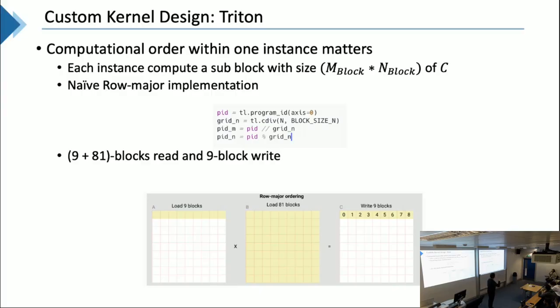You load one row of A, and you keep loading different columns of B. So when you calculate the number of read and write accesses, it's actually 9 plus 81 blocks read and 9 blocks write. So this is a naive way. We feel like this is not very efficient.